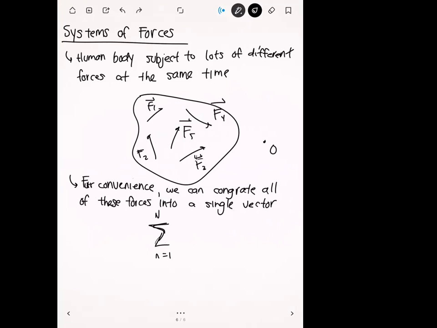What we're summing up here are all the different forces, which I'll call Fn. If we perform this summation, what we get in the end is one single force R. This R, the name that we give this force, is often called the resultant force or the net force.